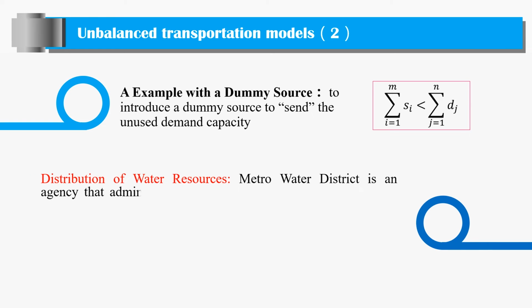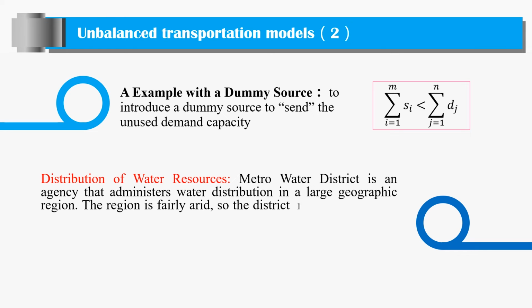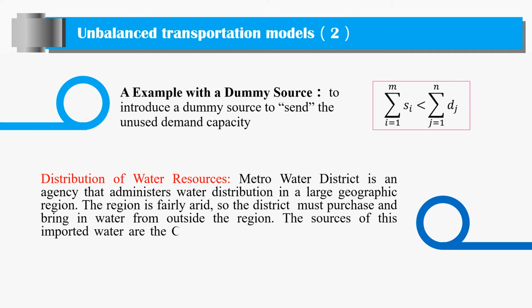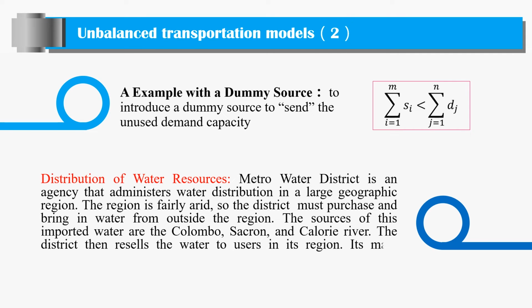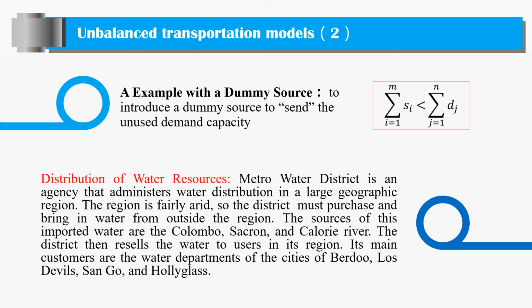Distribution of water resources. A major water district is an agency that administers water distribution in a large geographic region. The region is very arid, so the district must purchase and bring in water from outside the region. The sources of this imported water are three rivers: Colonial, Cyclone, and Kilos.